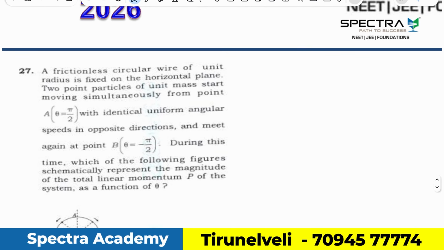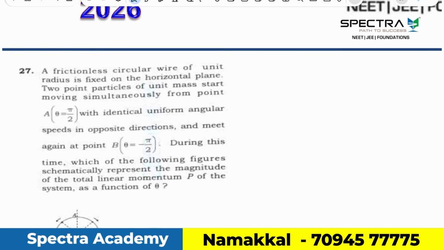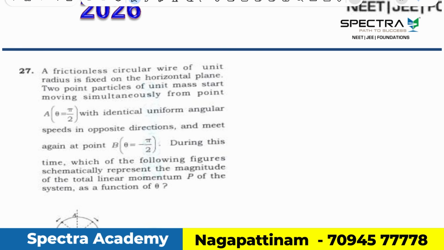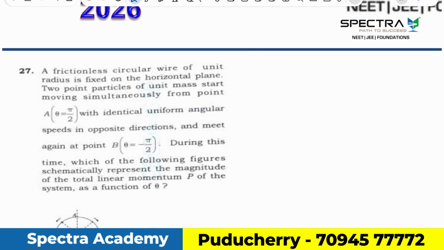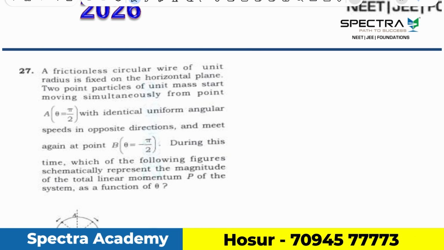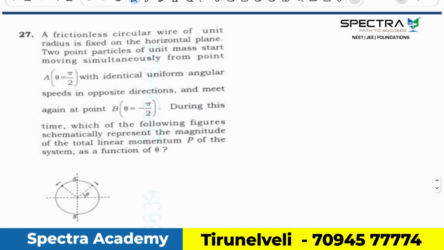A frictionless circular wire of unit radius is fixed on the horizontal plane. 2 point particles of unit mass start moving simultaneously from point A, theta is equal to pi by 2, with identical uniform angular speed in opposite directions and meet at point B, theta is equal to minus pi by 2.